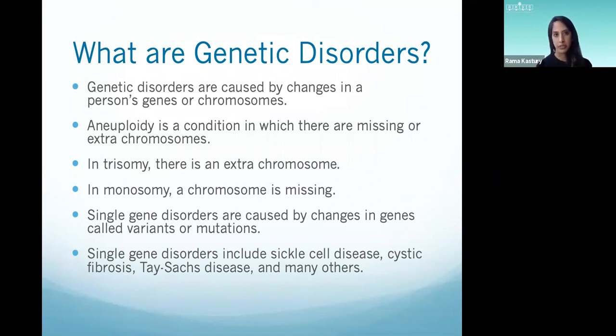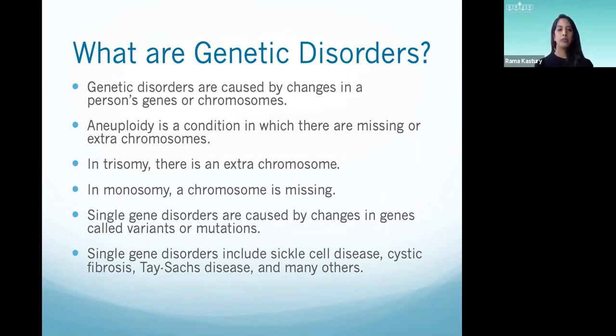So that's a nice little overview to break things down in terms of a structural view of our genetic material. So what are genetic disorders? Genetic disorders are caused by changes or variants in a person's genes or chromosomes. Today's talk is mostly focusing on chromosomal changes and chromosomal disorders, and variations in sex chromosomes that can occur.